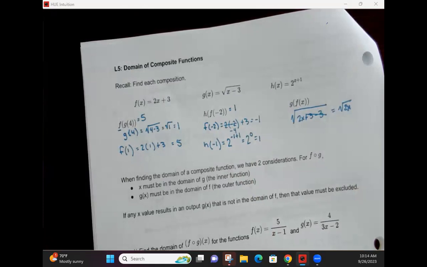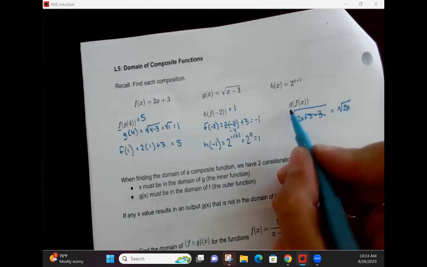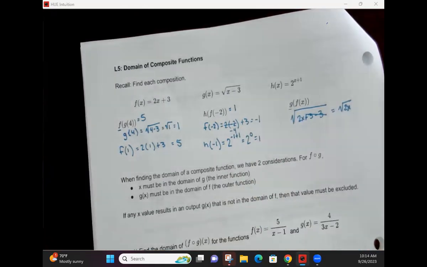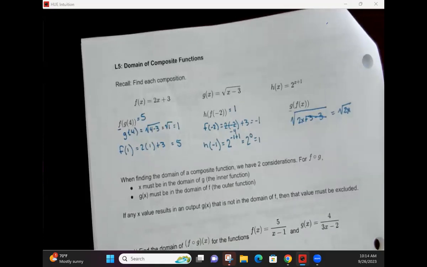So what we need to keep an eye on for g, for our outer function, are the values that we are getting as output values for the inner function. So what we'll have to do is sort of retroactively figure out what x values would give me those output values in the first function that I can't use in the input of the second function, okay? That was a whole lot of words I just threw at you. Let's work through some examples and I think it will make more sense, okay?